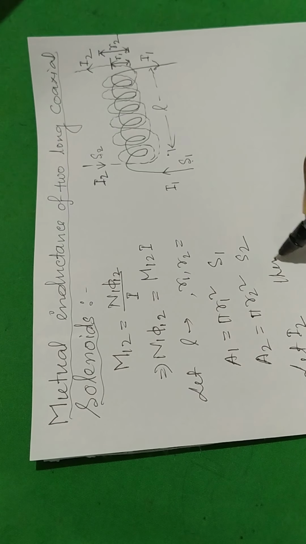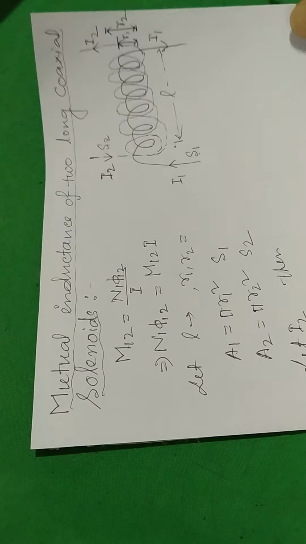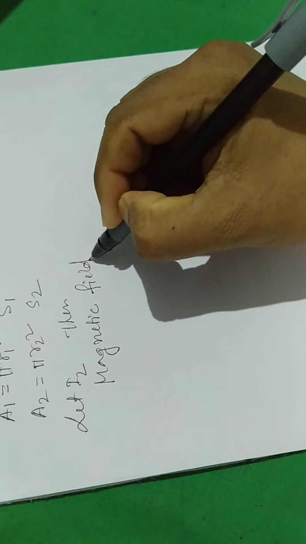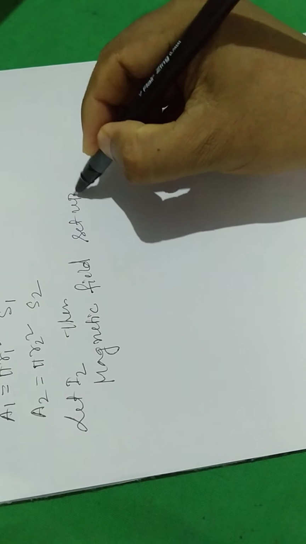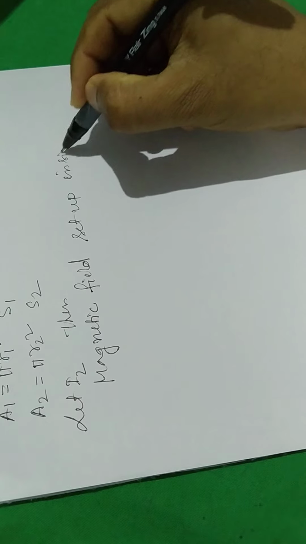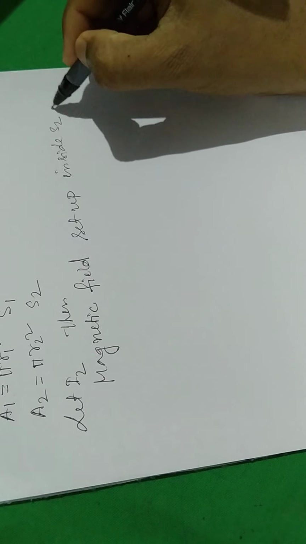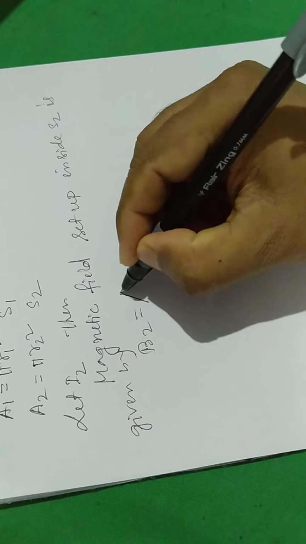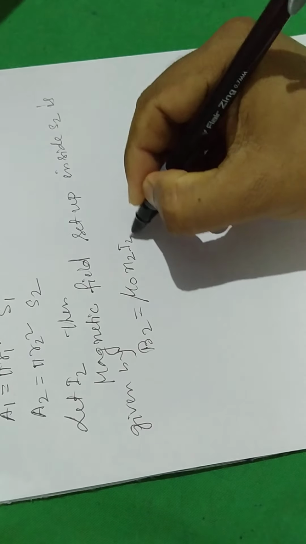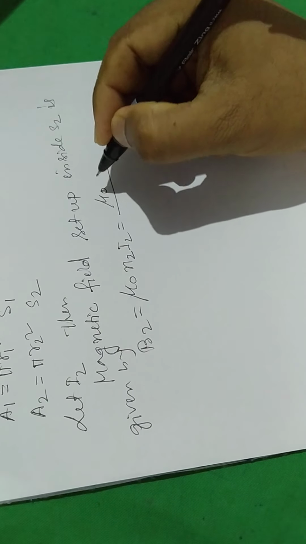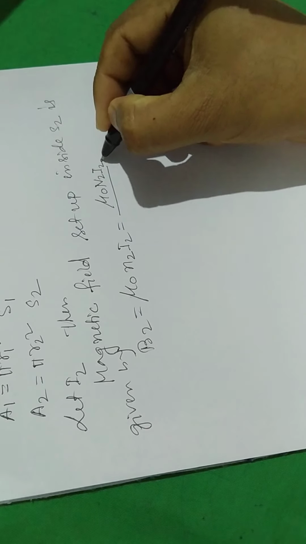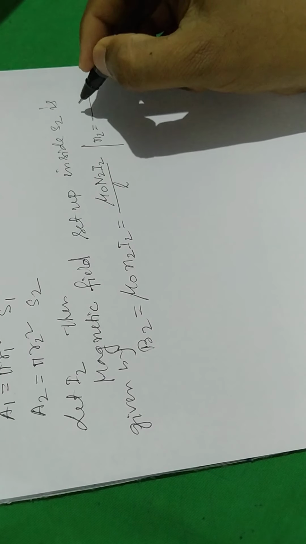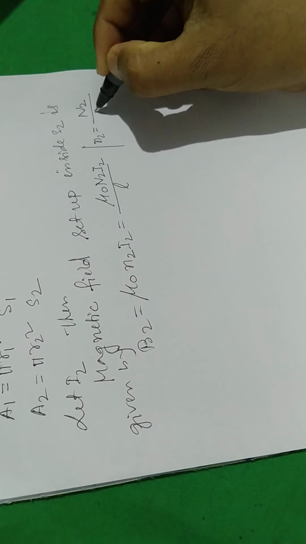Then the magnetic field inside S2 is given by B2 equal to mu naught N2 I2 by L, since N2 by L is the total number of turns per unit length.